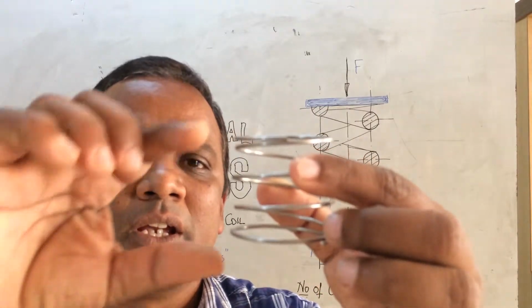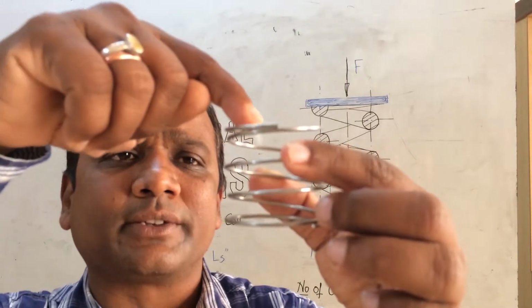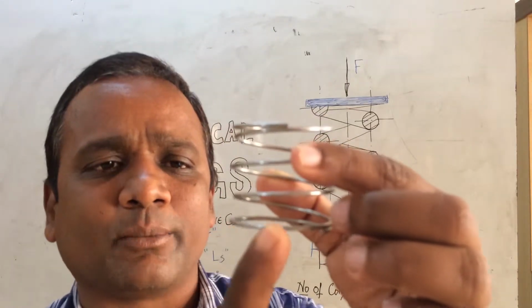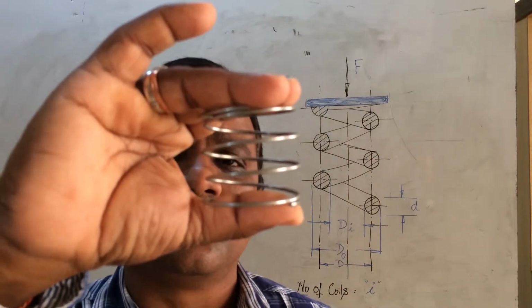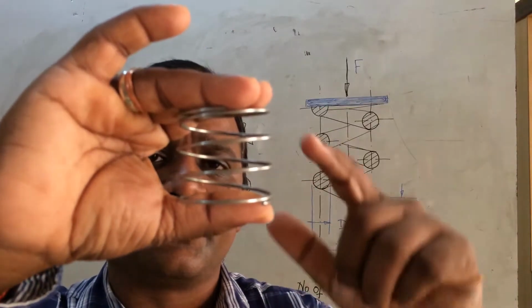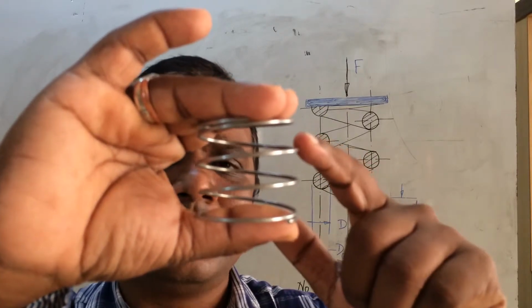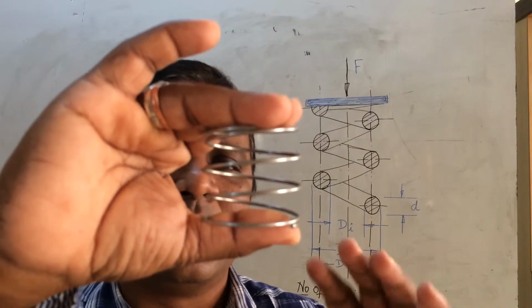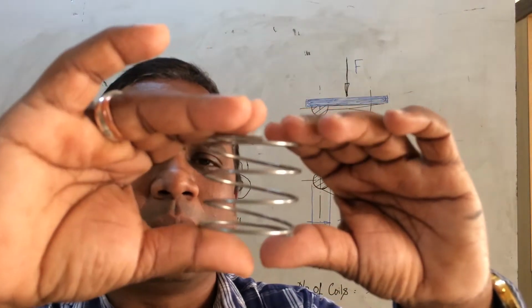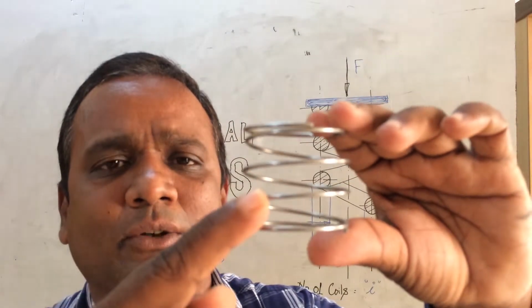For example, in this spring there are two inactive coils, one on the top and another at the bottom, since the spring is supported between two supports. Therefore, this one and this one are the two inactive coils, and these 1, 2 are the active coils. So whenever I say number of turns, it would be 2 inactive coils and 2 active coils.